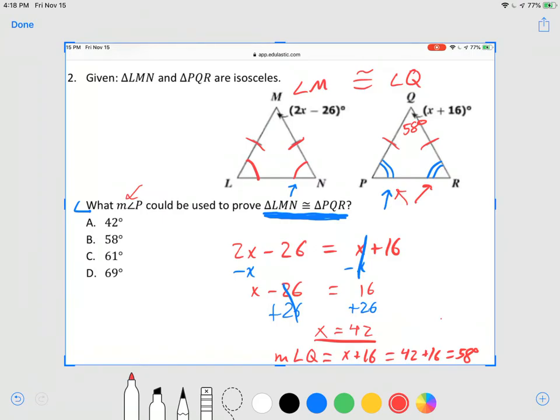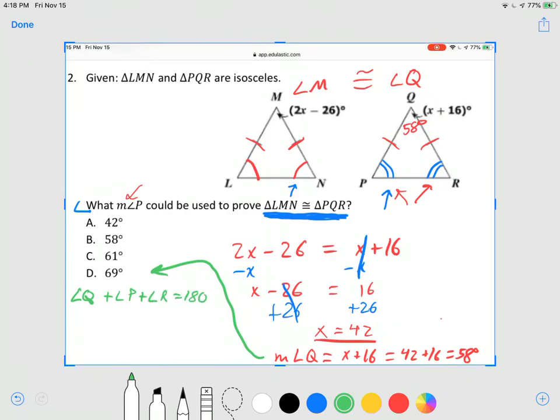So let's continue working over here. The three angles together, angle Q, and I'm not going to write measure of this time just to save some space. So angle Q plus angle P plus angle R should add up to 180.